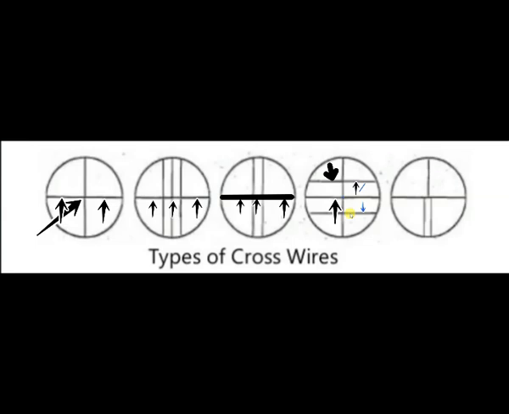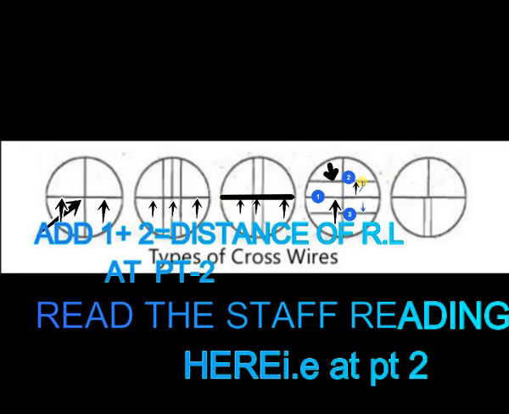So if you take out the first RL right over here, say at this point, this is your first RL, this is your second RL, and this is your third RL. So if you minus 1 from 2, you will proceed and find the distance ahead, right?